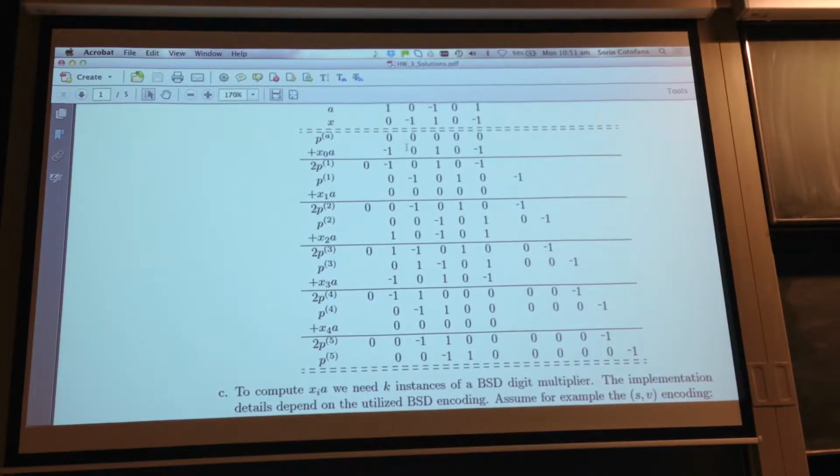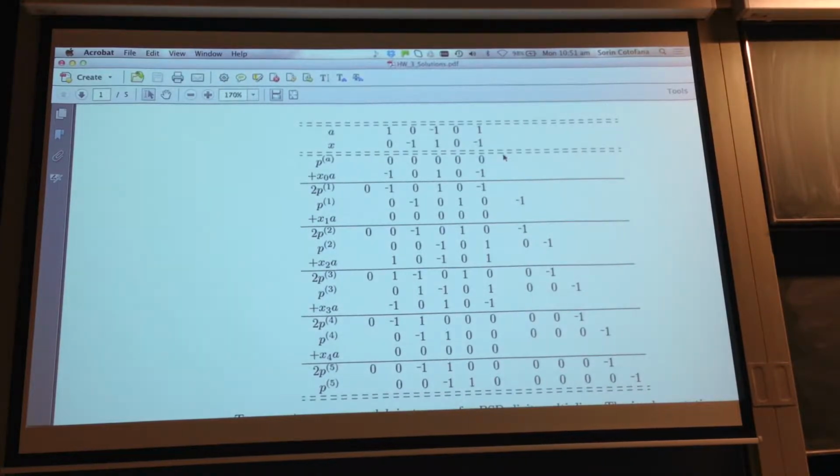Now, the question is, how do I generate the partial products? When I do that by visual inspection, things are fine, but I have to do it by hardware. And I have two possibilities. I can think about a circuit which will take one digit and A and generate the result, or I can do things at the digit level.